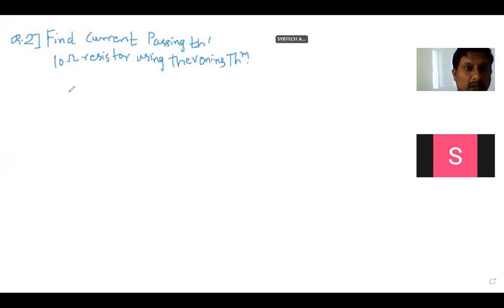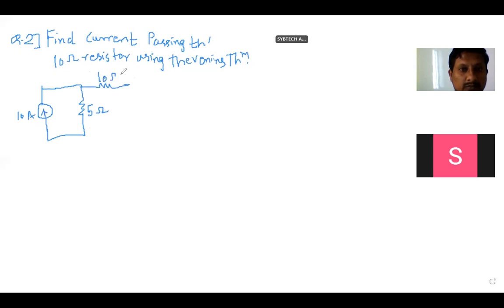Okay, so I will draw the circuit. Everyone has to note down the circuit. This is a 10 ampere current source. This is 5 ohm.